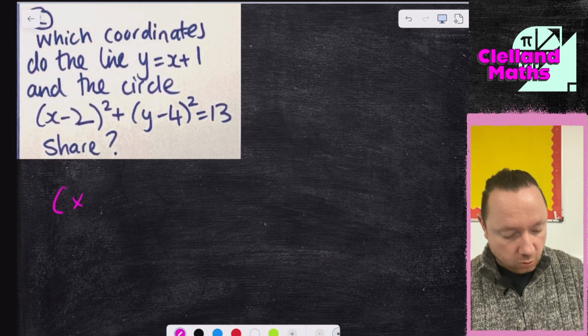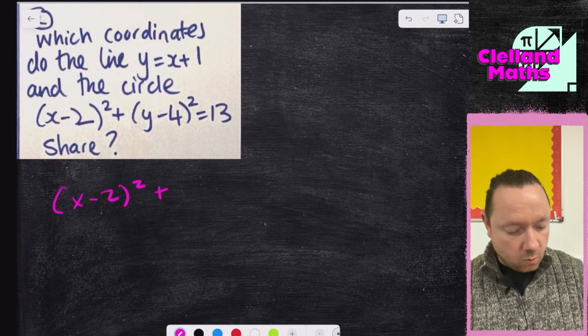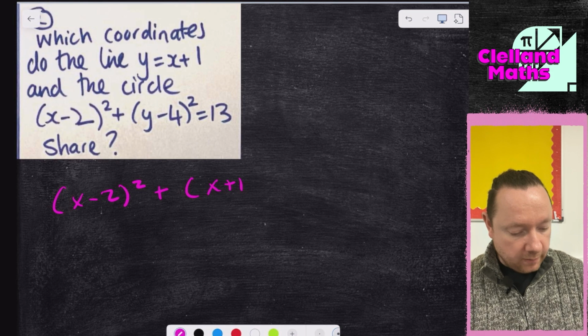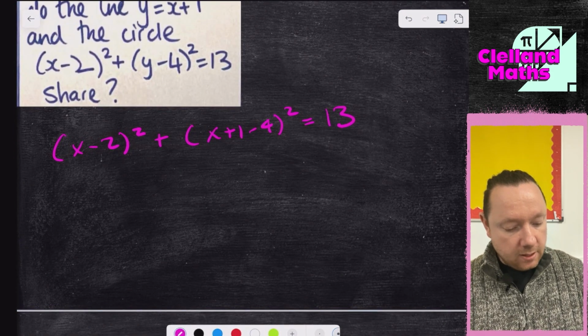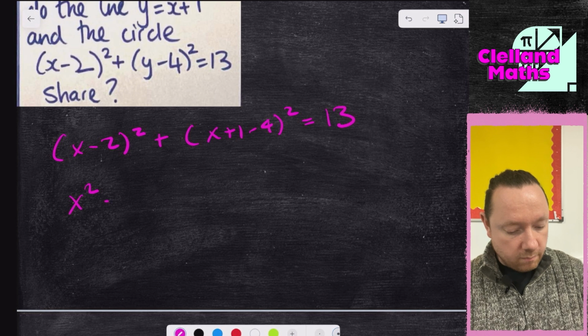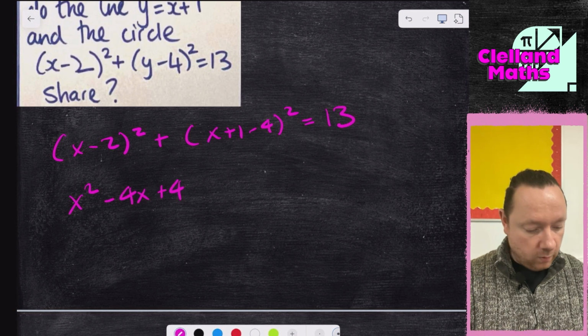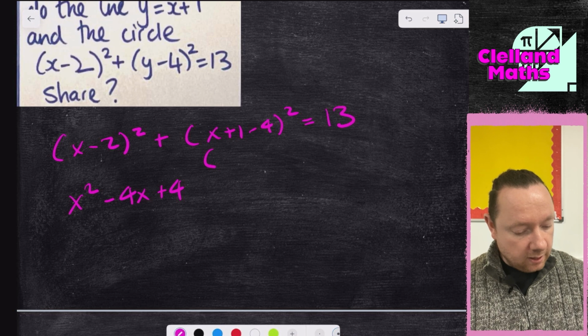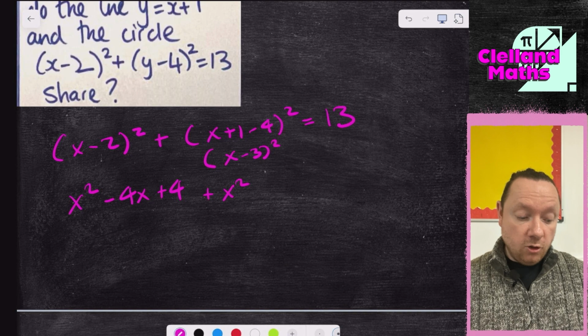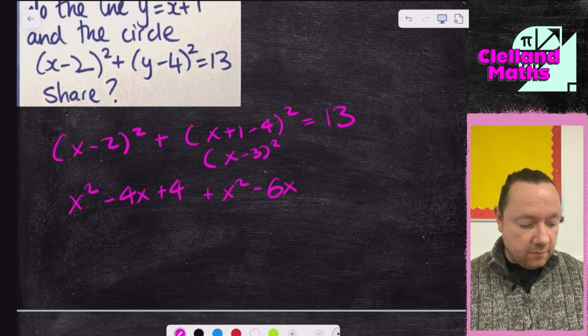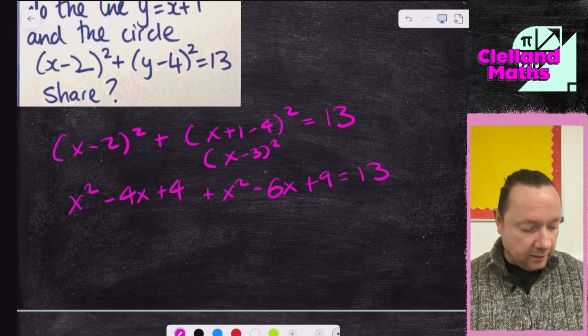So I've got x minus 2 all squared plus x plus 1 minus 4 all squared equals 13. That's x squared minus 4x plus 4, expanding x minus 2 all squared. And this one is x minus 3 all squared, so that's plus x squared, minus 6x, plus 9, and that equals 13.